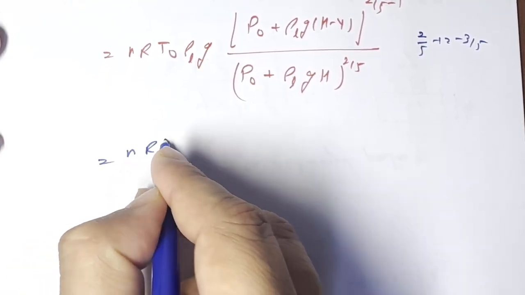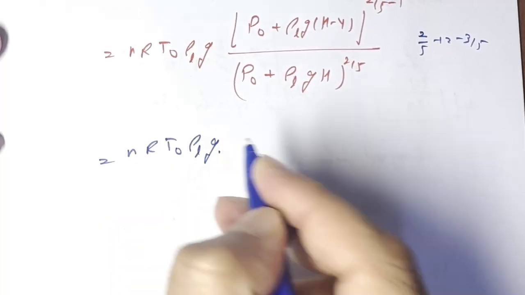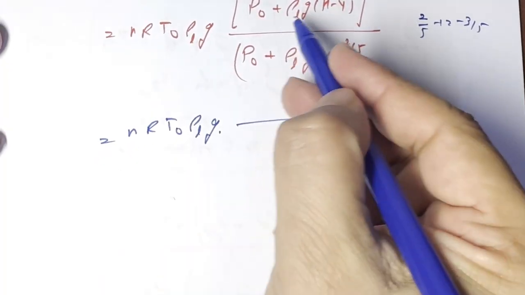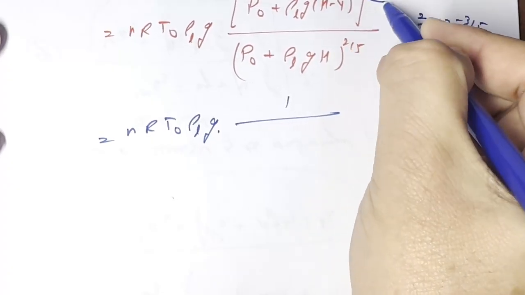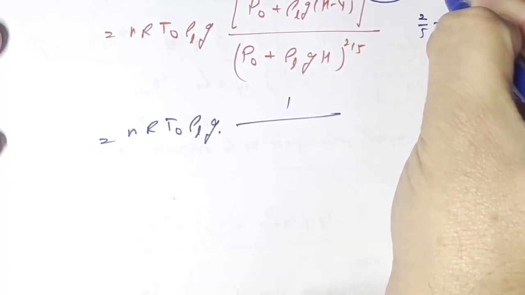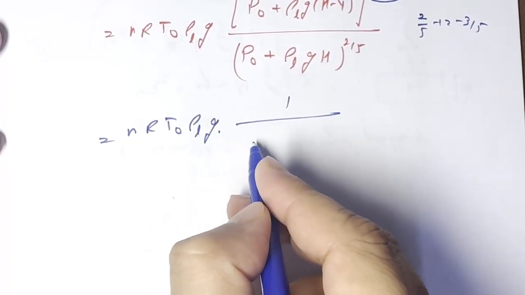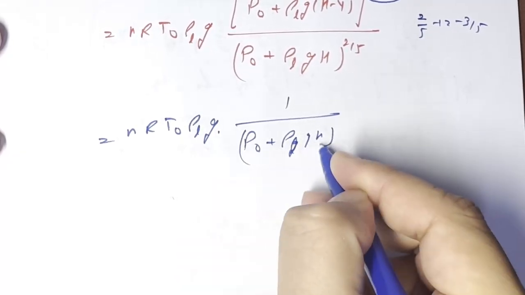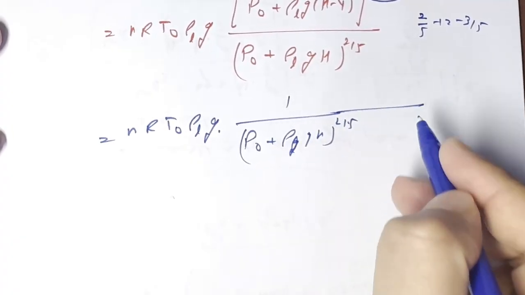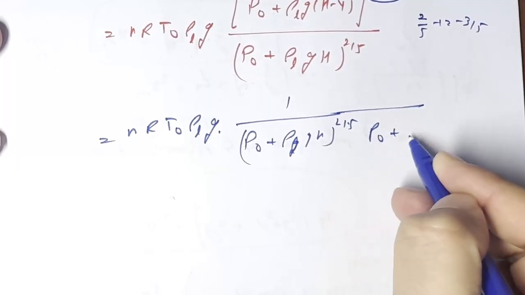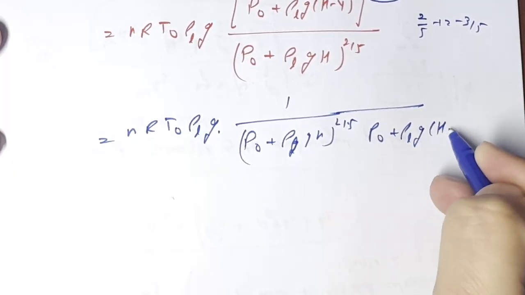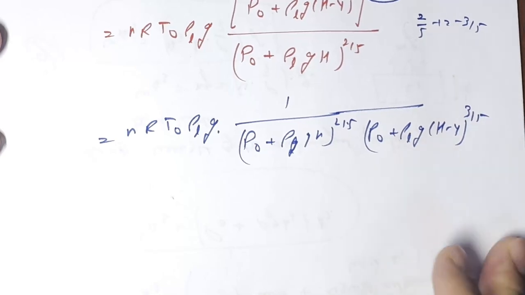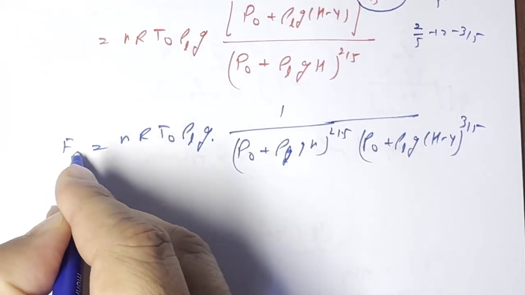We have nR T naught rho L g over (P naught plus rho L g H) whole raised to the power 2 by 5 multiplied by (P naught plus rho L g (H minus Y)) whole raised to the power 3 by 5. So this is the value of the buoyant force.